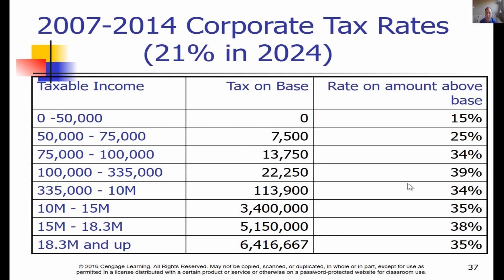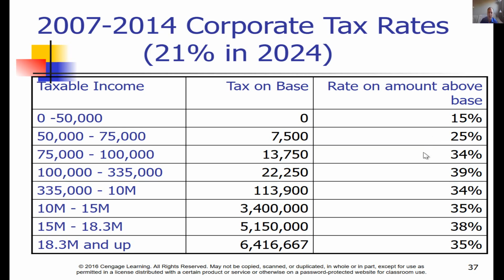So before the Trump tax cuts, the table we have here was the table for corporate taxes, which was a quite complex, pseudo-progressive tax system where corporations for the first 50,000 paid 15%, and then the next 25,000 paid 25% on their income.